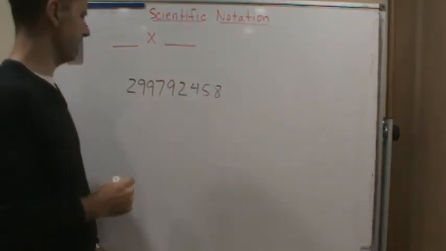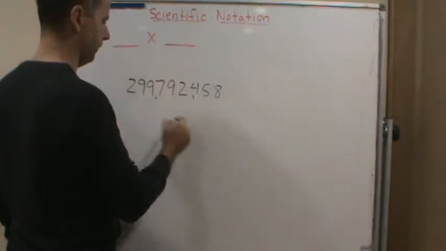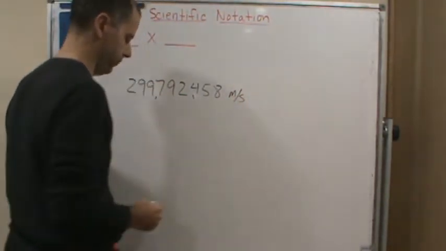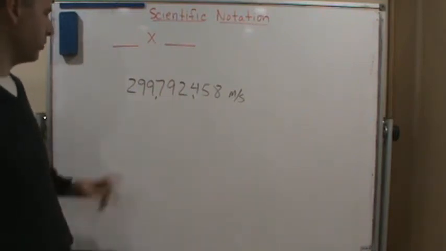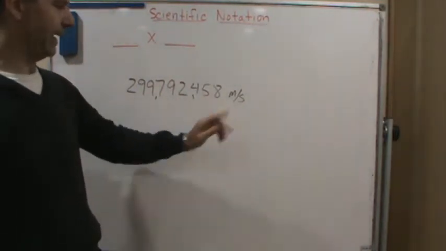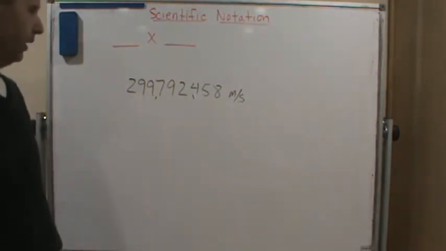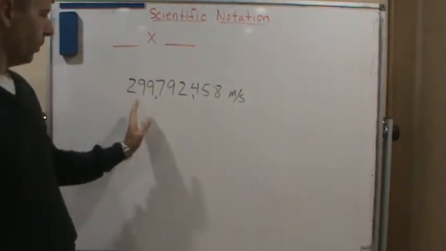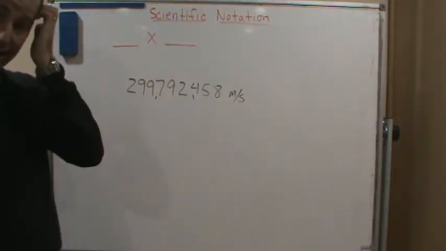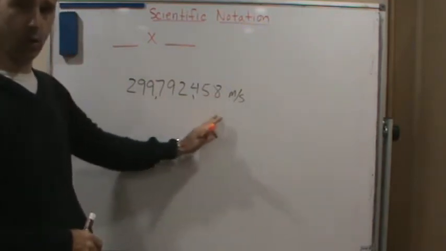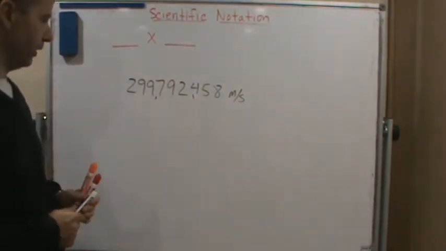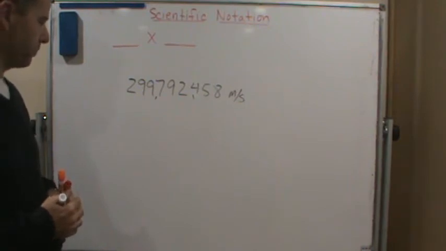This is the actual speed of light in meters per second: 299,792,458 meters per second. What if we don't want to write that? Then we would write it in scientific notation. This is standard notation, or ordinary notation, which is how we normally write numbers.